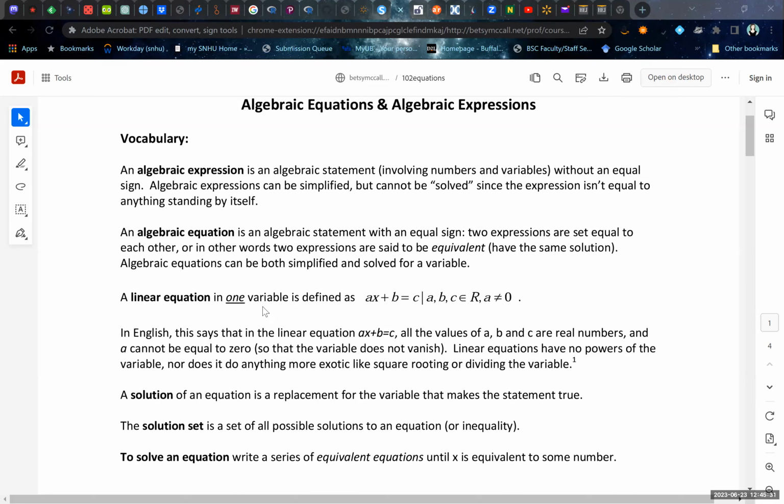A linear equation in one variable is defined as essentially any statement that is equivalent to ax plus b equals c, where a, b, and c are real numbers, and x is the only variable in the equation. And specifically, a is not equal to 0, because otherwise it's not linear.